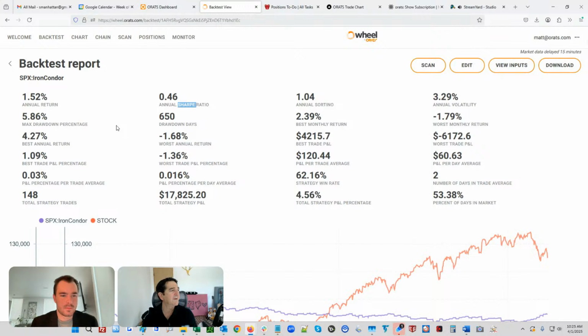What I would like is to divide it by the maximum risk. Drawdown is just what happened. I guess Buffett was famous for saying, when the tide goes out, you find out who's been swimming without a swimsuit. Drawdown is just what happened.